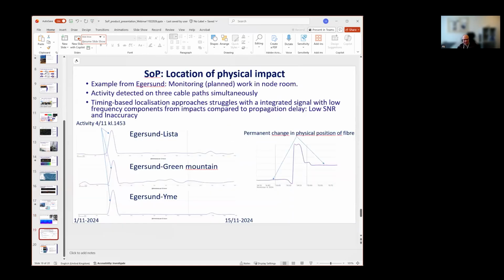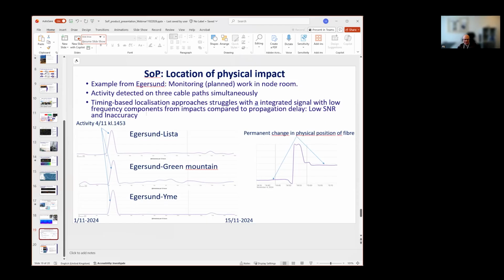So actually the best way of practical localization in state of polarization sensing is to have a high density of nodes. So this is 3 different cables out from the same node room, and when there is work in this node room, we are able to see fluctuations on all three cables, meaning that it's working in this node room. Nothing is happening on the cable, but it's in the node room because we see it on all three cables spanning out from the same node room.